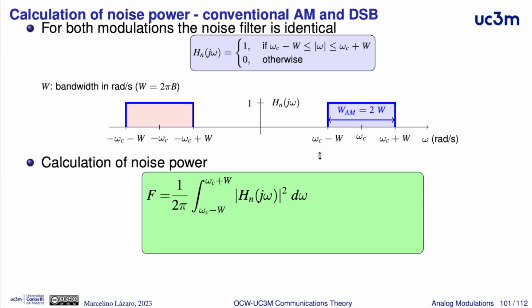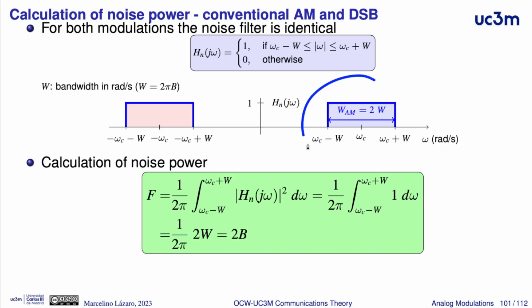It is easy to obtain the integral of this filter in this range because we are integrating 1 in an interval of length 2 times W. This is 2 times W divided by 2 times pi, which is equal to 2 times the bandwidth in hertz of the modulating signal.